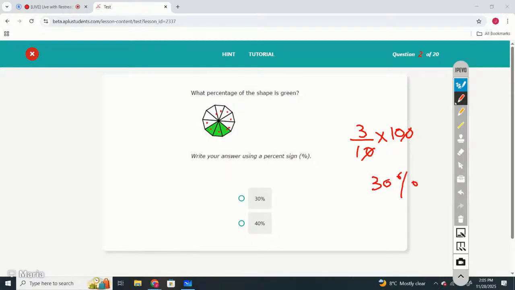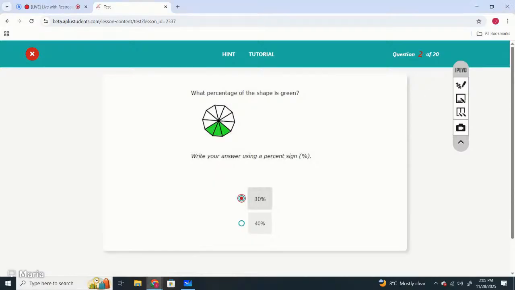So 30% of the shape is green. That is 30%. Option number one is the correct option.